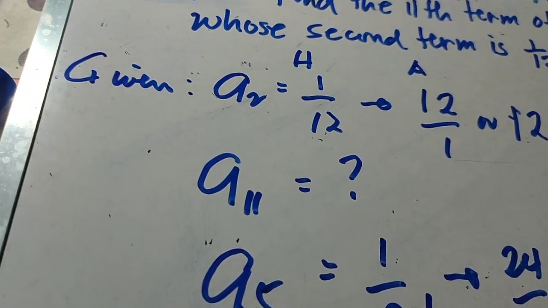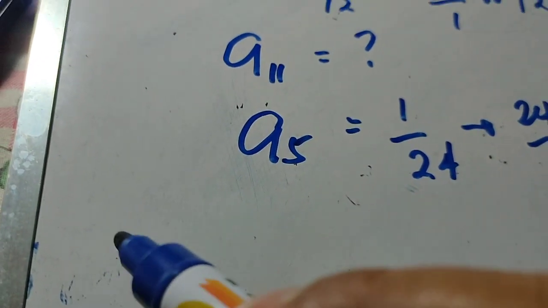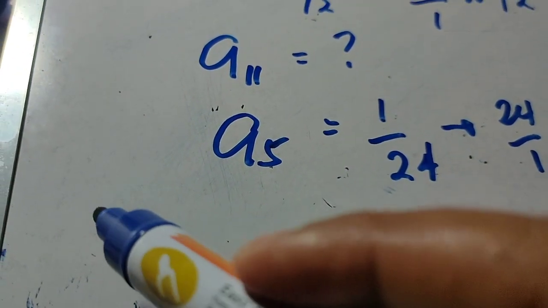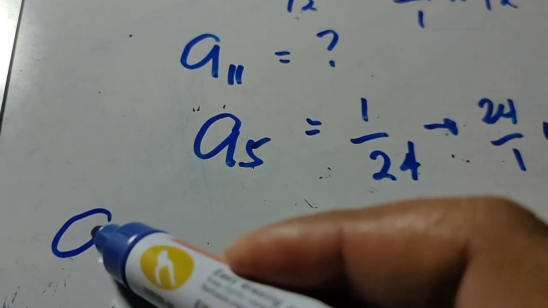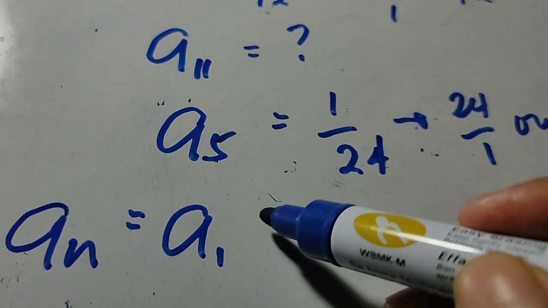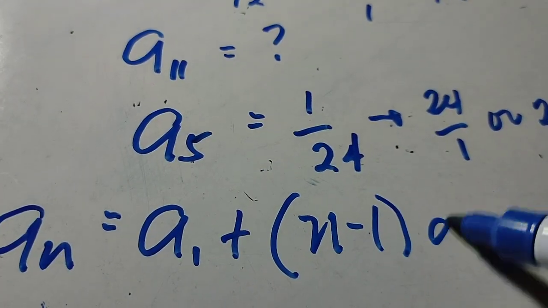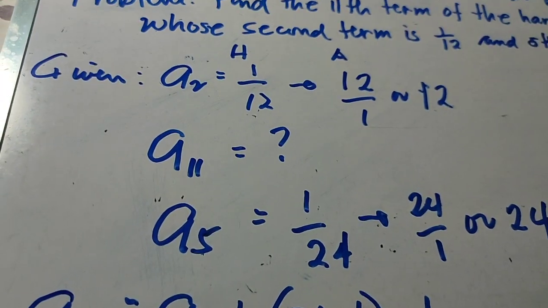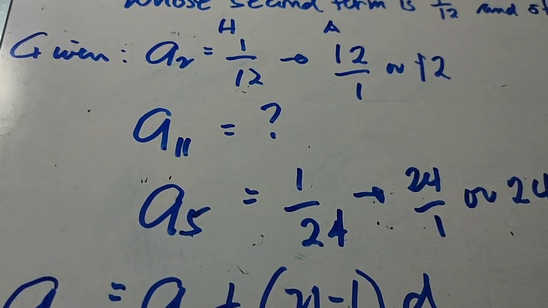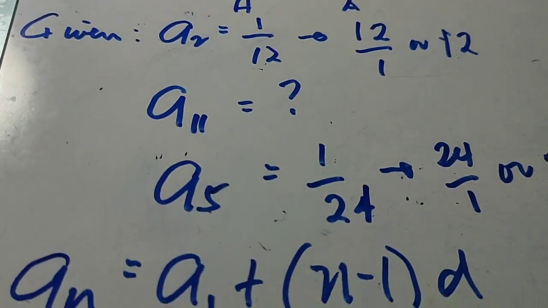So this is what we're going to do. Use the formula that we introduced in our arithmetic sequence. So a sub n is equal to a sub 1 plus n minus 1 times d. So notice that what is given is a sub 2, the second term.